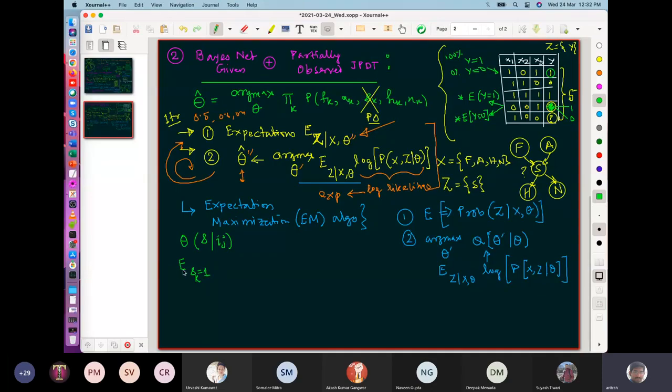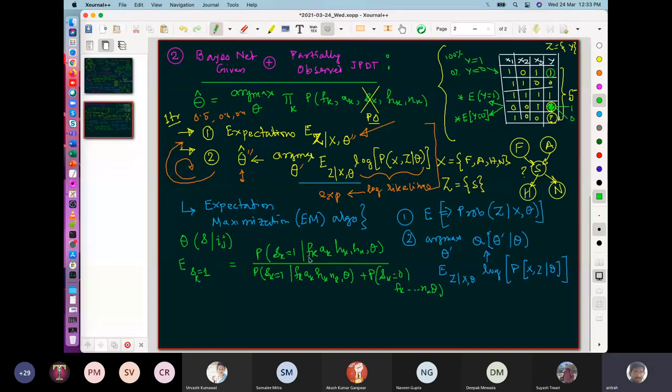If you remember how we compute this one, again we will figure it out as the probability of sk equal to 1 given fk, ak, hk, nk and theta, divided by the probability of sk equal to 1 given fk, ak, hk, nk, theta, plus the probability of sk equal to 0, same thing, fk to nk, theta.